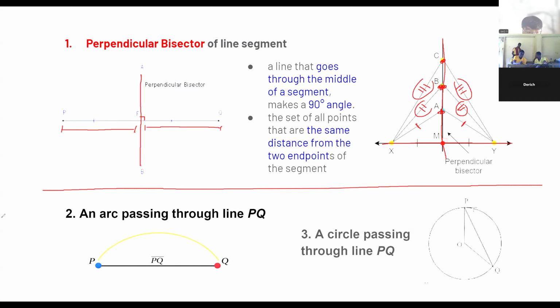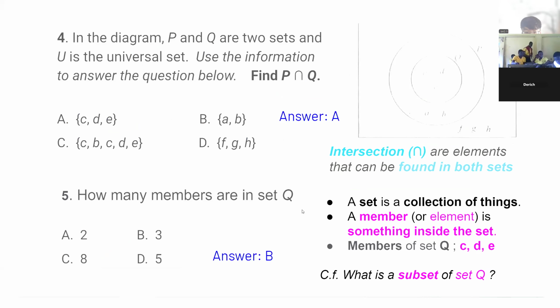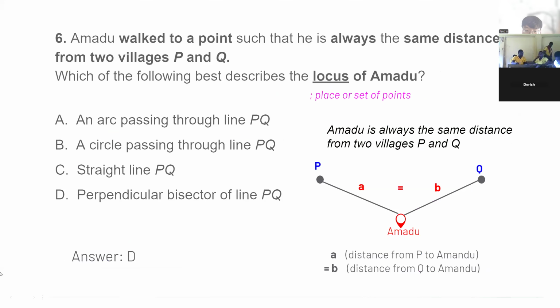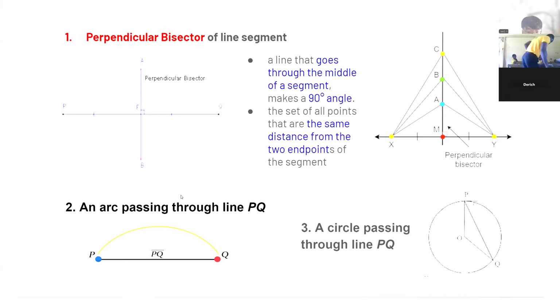The other options were an arc passing through PQ. Here, option A was actually an arc passing through PQ, and the other option was a circle passing through PQ. So what does that mean? I've shown here an arc passing through PQ would be like this, right?